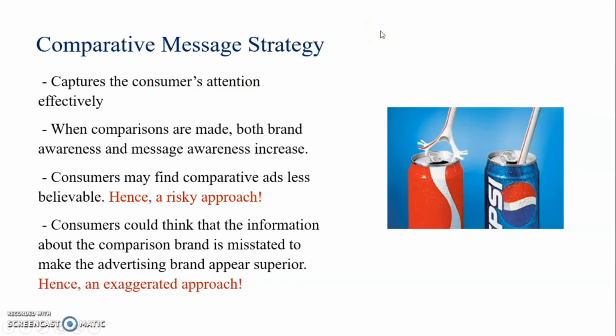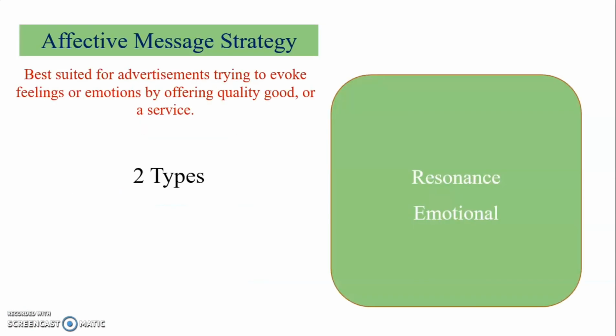So all these strategies are classified under cognitive message strategies. That leads us to the second type, that is affective message strategies, which are always best suited for advertisements trying to evoke feelings or emotions by offering a quality good or service.